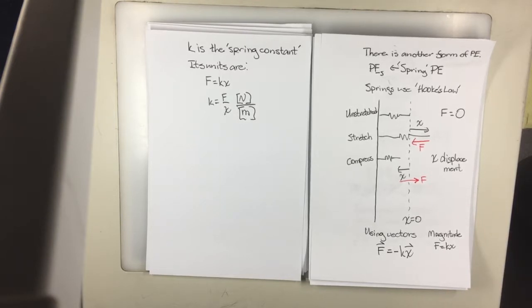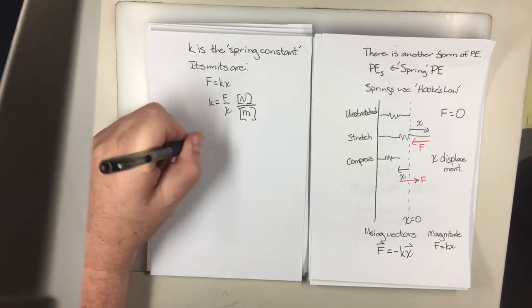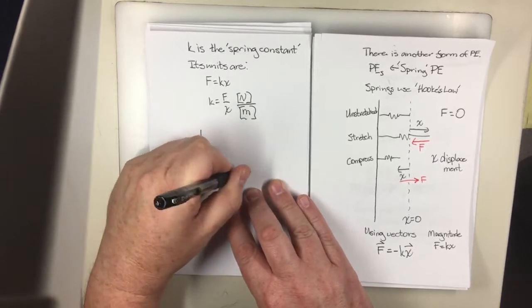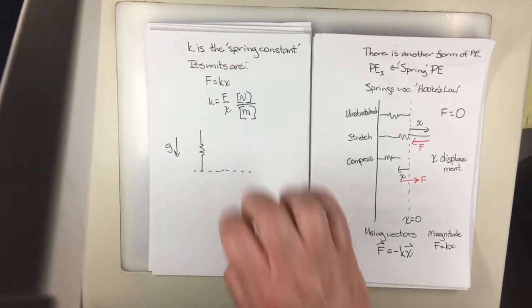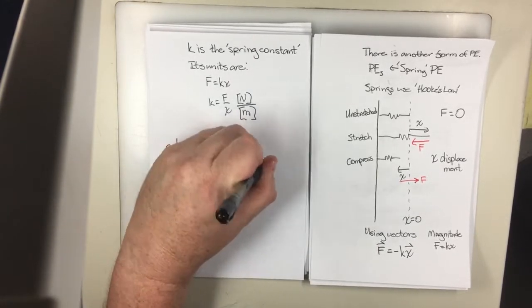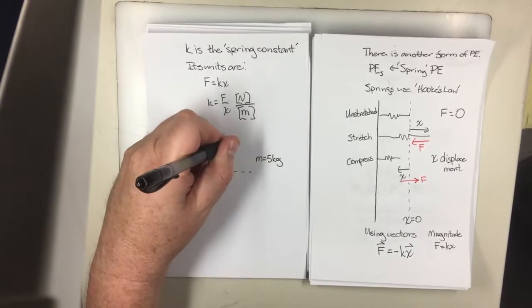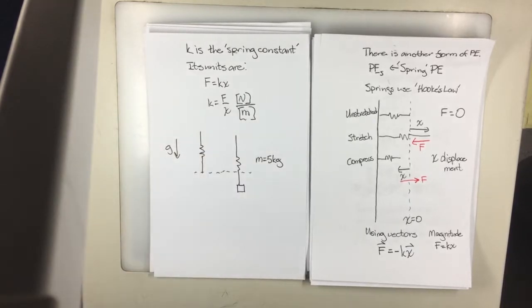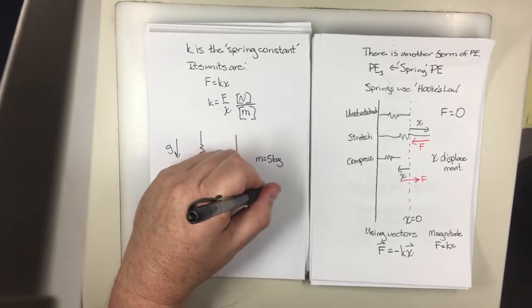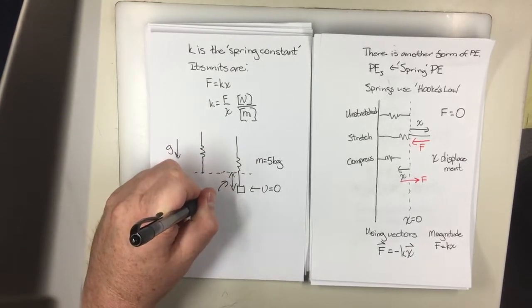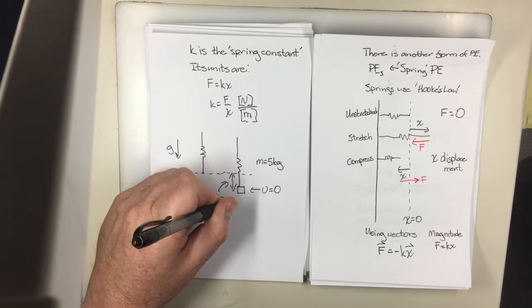As an example, we have a spring in an unstretched position and it's hanging, so we have gravity pulling down. And I put a 5 kilogram object on it, and then I slowly lower it until it reaches a new equilibrium point, and it has stretched a distance of 10 centimeters.